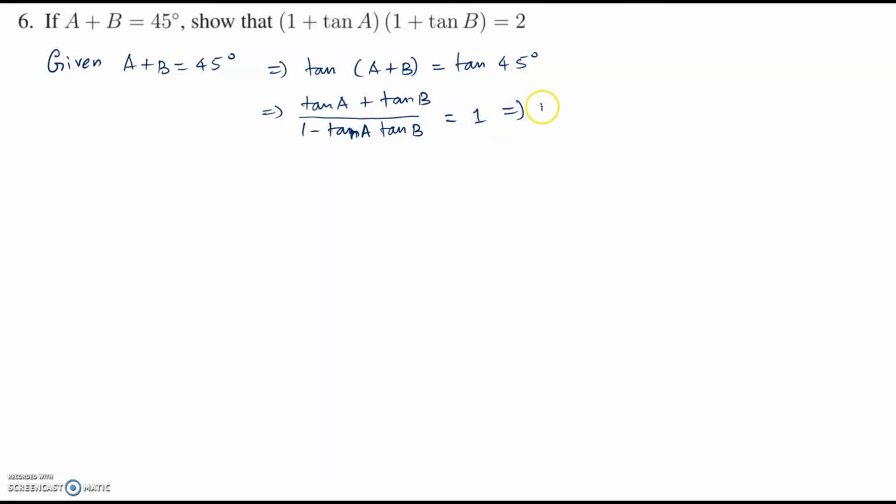So this implies tan A plus tan B is equal to, cross multiplying this to the other side, 1 minus tan A tan B.